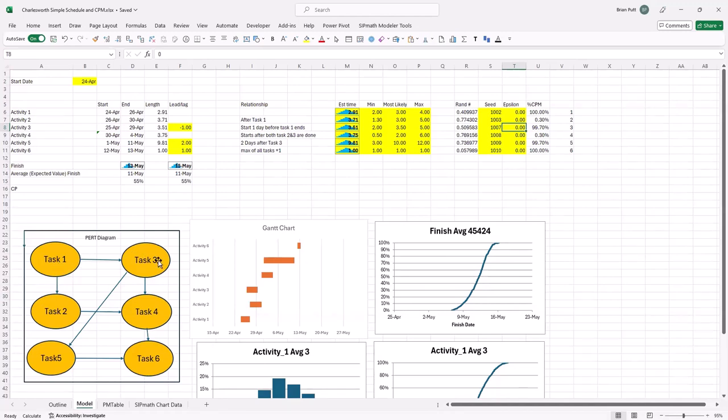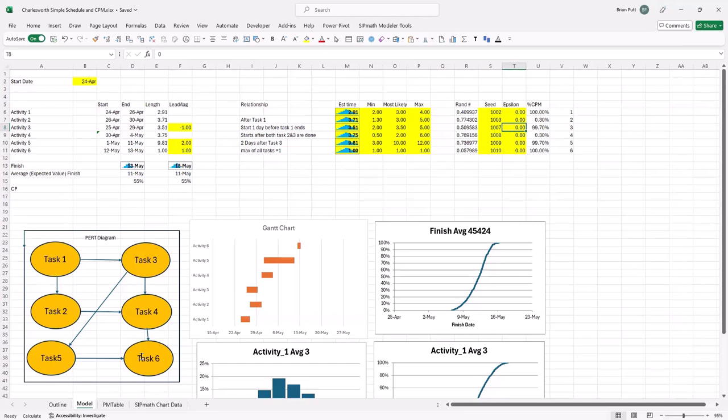And then, almost by definition, I have to get task 5 done, because you'll see it's also 99.7% to get to task 6. The other 0.3% of the time, what's critical is task 1 to task 2 to task 4 to task 6.